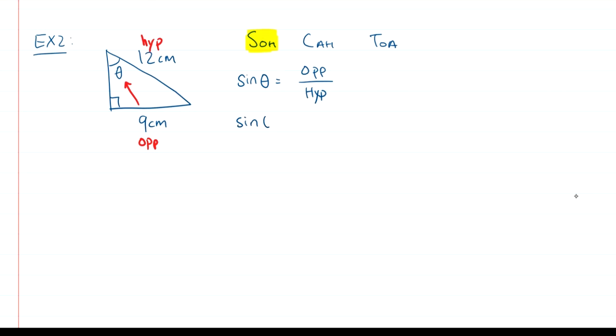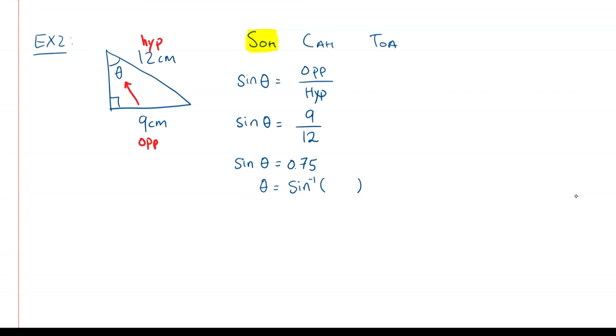So sine theta is 9 centimeters over 12. And 9 divided by 12 is 0.75. So theta is, once again, we're taking the inverse of the sine, which means we're going backward to find the angle using the ratio.